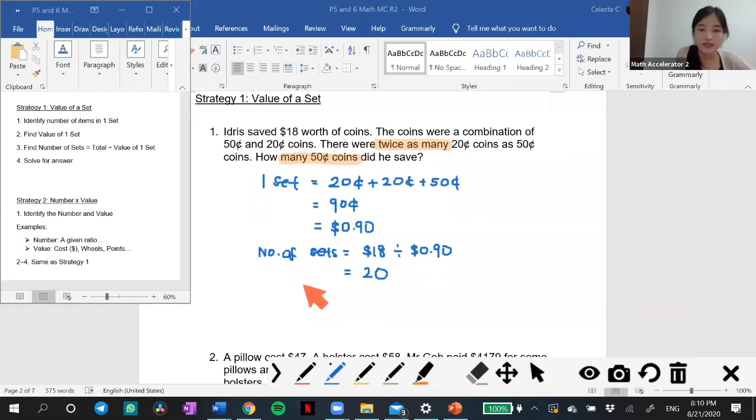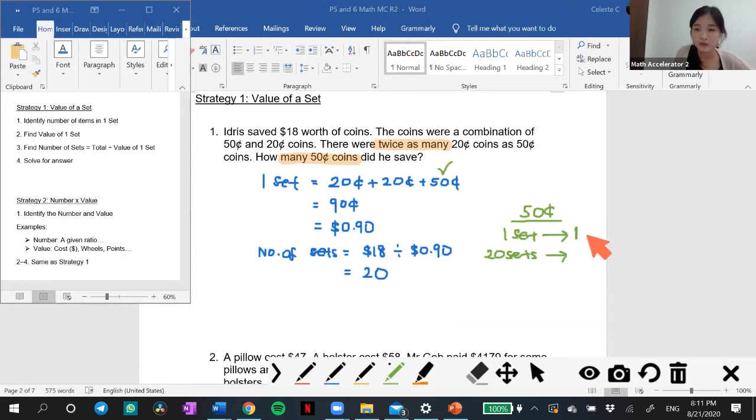Okay, now we need to find the answer. So how many 50-cent coins did he save? Very simple. Okay, look at the working here. This green working. 50 cents. In one set, how many do you have? Look here. 20 cents, 20 cents, 50 cents. There's only one. So 1, 50 cents. So now that you have 20 sets, how do you get from one set to 20 sets? Yes, correct.